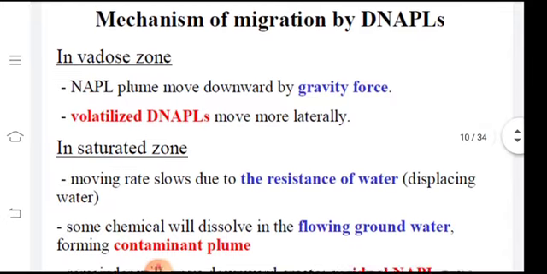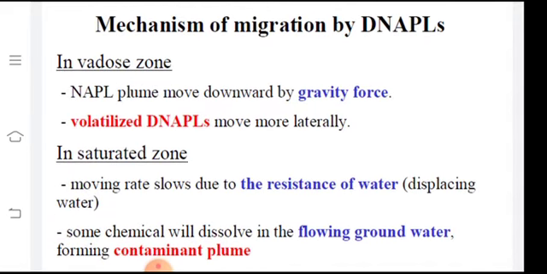This is the most commonly observed behavior of this NAPL. Now if it has volatilized DNAPL, it will move more laterally, because being volatilized, it will find the voids which are empty and try to fill them with the vapors, so it has to move laterally.